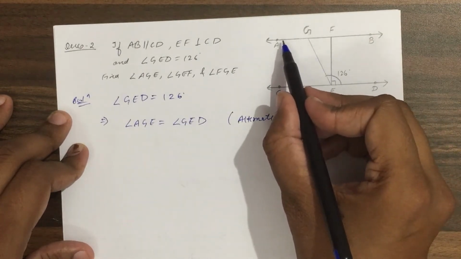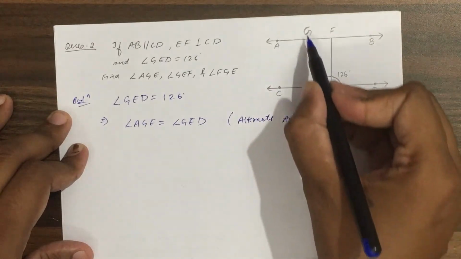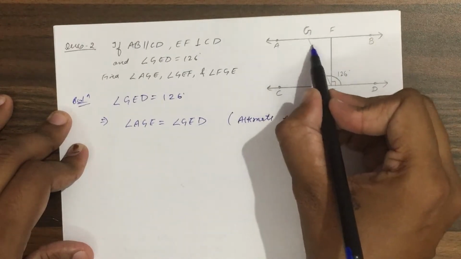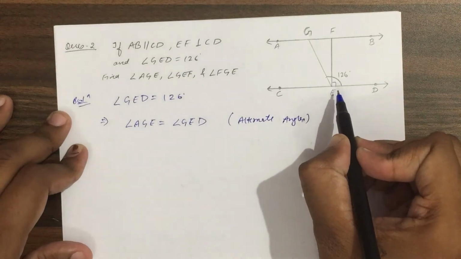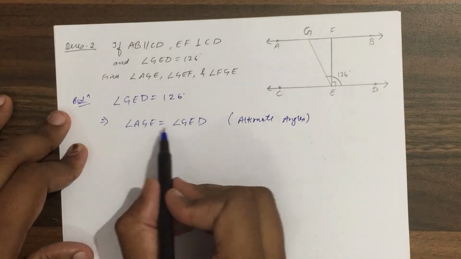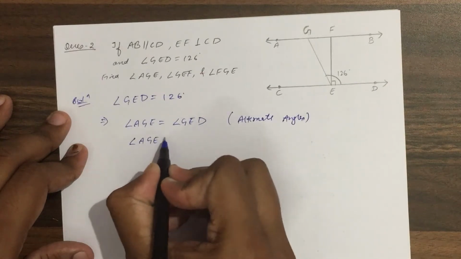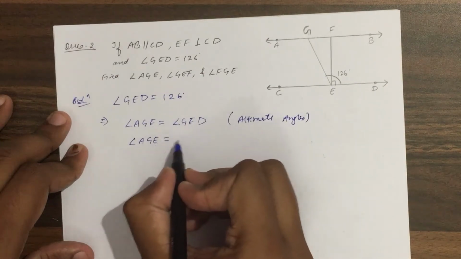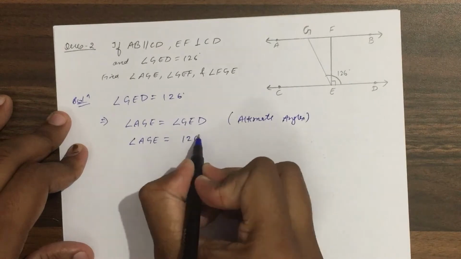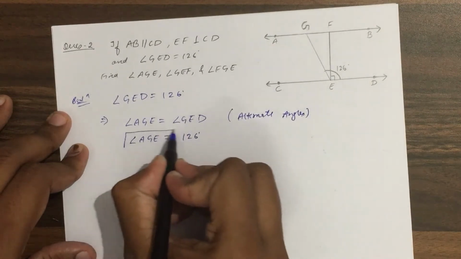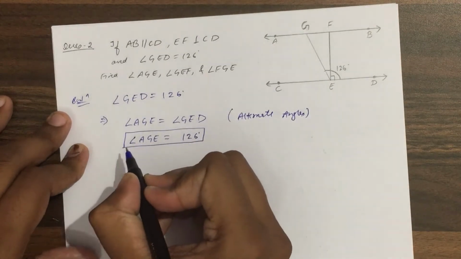Why? AB is parallel to CD and GE is the transversal, so these two angles form alternate angles. Therefore angle AGE will be equal to angle GED, which is 126 degrees. So this is your first part.